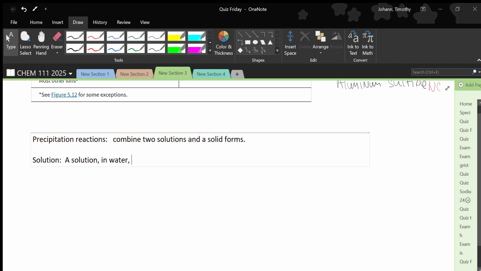So a solution in water, and in Gen Chem, I think mostly we're always going to be in water in terms of solutions. In organic chemistry, you may do something else, but a solution in water, all the ions or molecules are separated and surrounded by water.